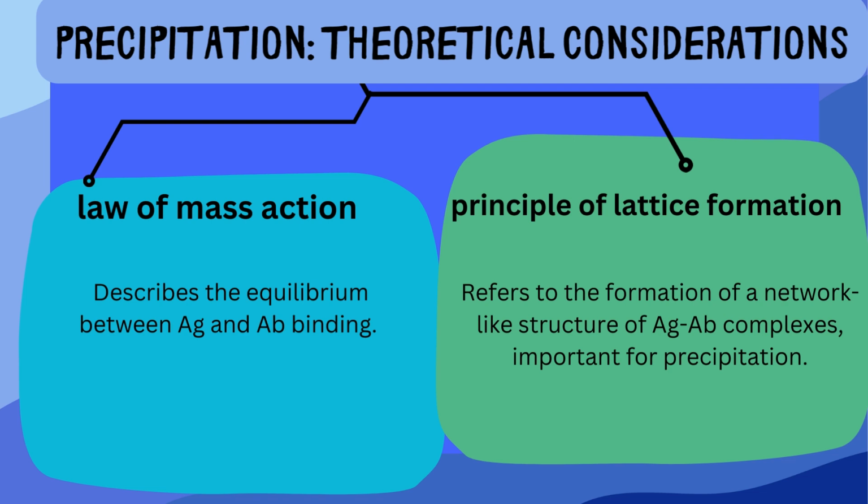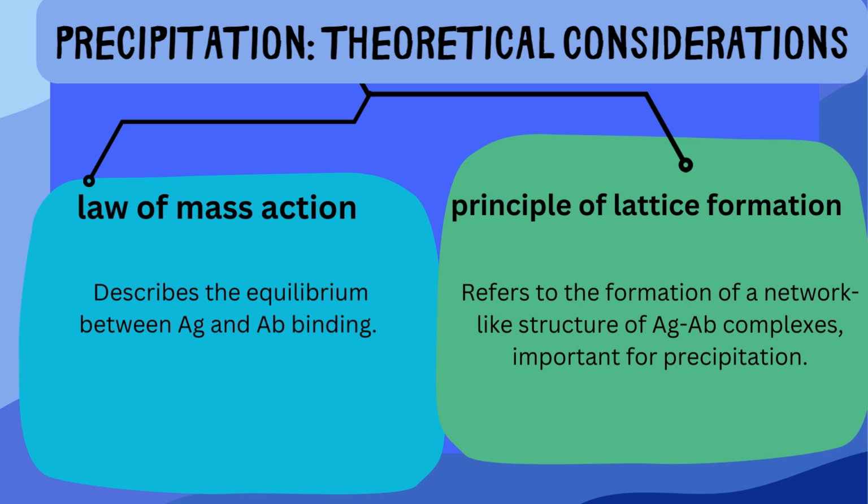On the other hand, the principle of lattice formation involves the cross-linking of antigens and antibodies into a large, stable network. For a visible precipitate to form, multiple binding sites on antibodies must interact with multiple antigen molecules, creating a lattice-like structure.